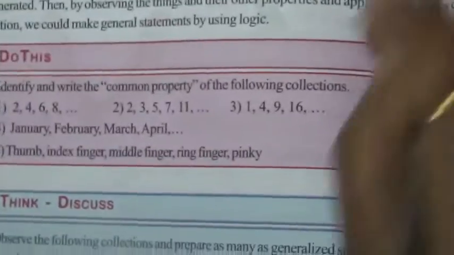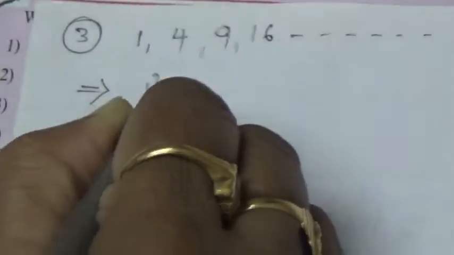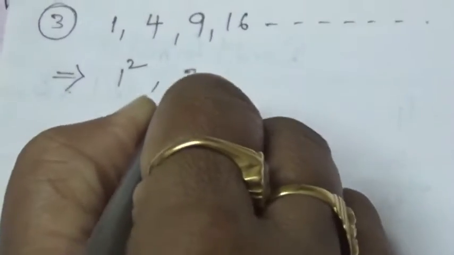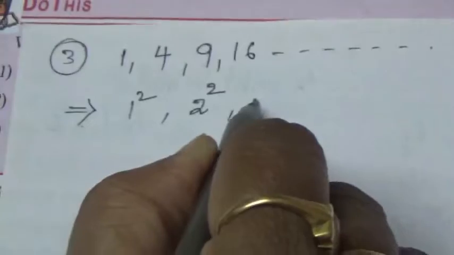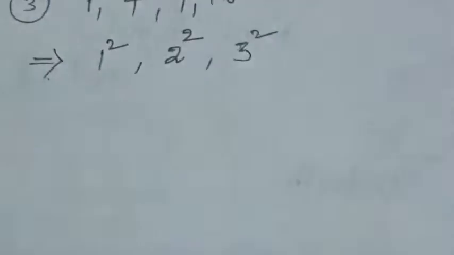Third sum, what was given here, that is 1, 4, 9, 16 and so on. So look at here carefully. The solution is 1 square, 4 we can write as 2 square. Just like 9 we can write as 3 square.